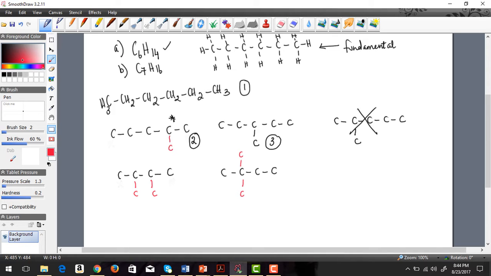Well, that will be the same as this, because this time I started from right to left. If you had started from left to right, it would be here. So that's it, we are done. This would have been our 4th isomer, and this right here is the 5th. That's it, we're done with our 4 carbon system.